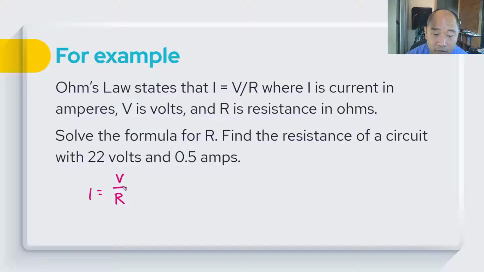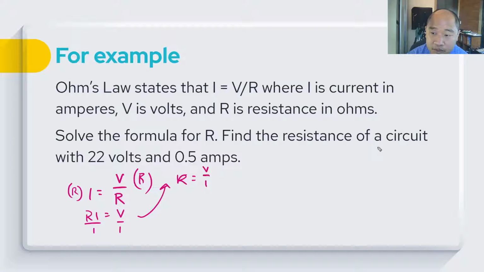We want to solve for R. So first we want to get the R out of the denominator. So we're going to multiply by R, and we'll get RI equals V. Then we'll divide by I, and that'll give us R equals V over I.